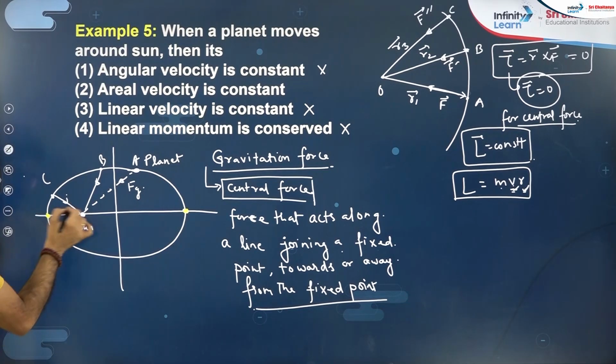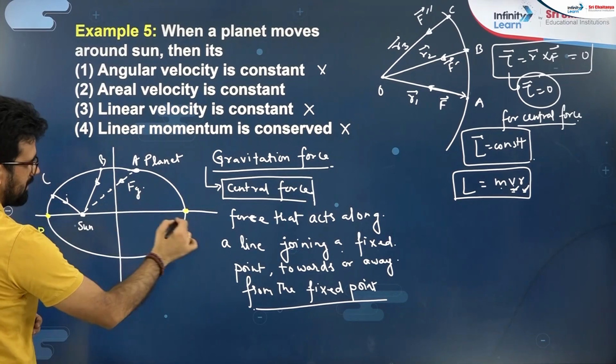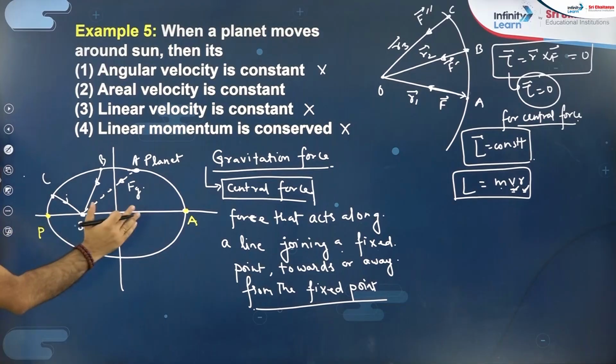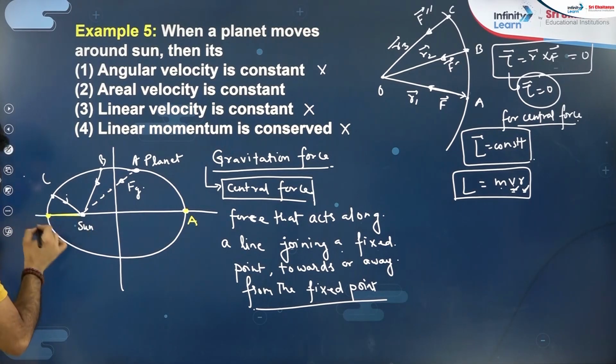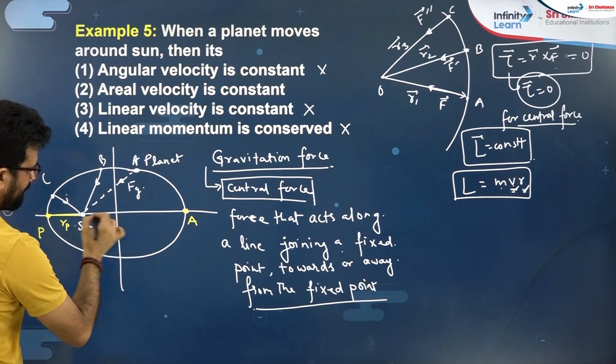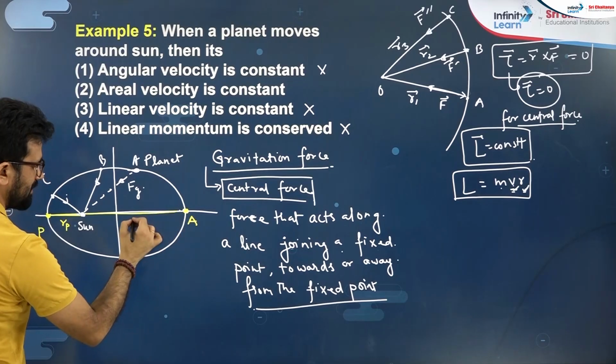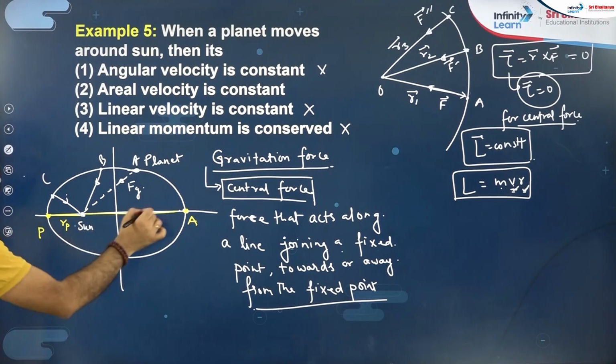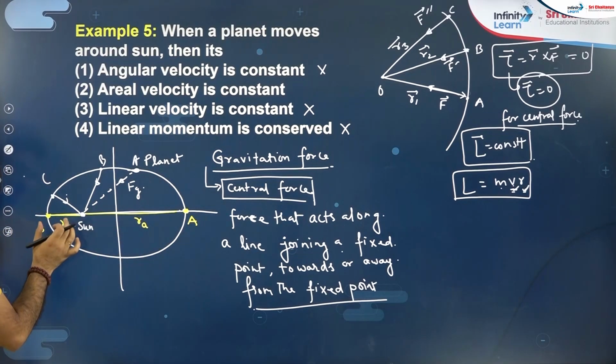The one nearby the sun we call perihelion. The one away from the sun is aphelion. At this position r is minimum, we call it rp. This is far away from the sun, very far distance, we call it ra, the aphelion. So these are the 2 distances, you can see it.